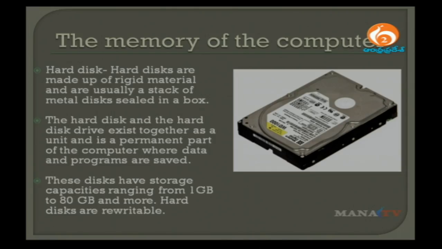Right? Now let us see the third point. These disks have storage capacities ranging from 1 GB to 80 GB and also more. Hard disks are rewritable. There are a few memories which are not rewritable, that means you can't erase something that is stored in the device. But hard disk is not like that.